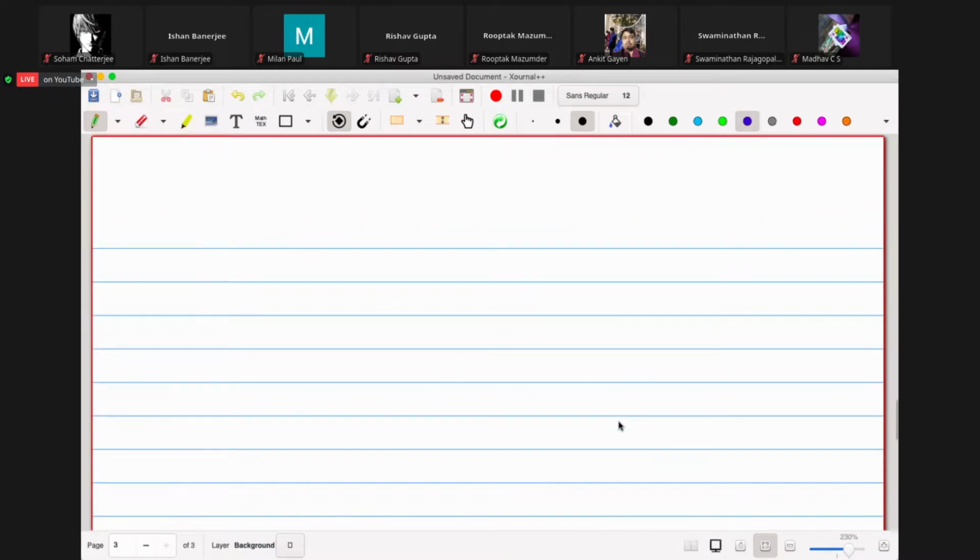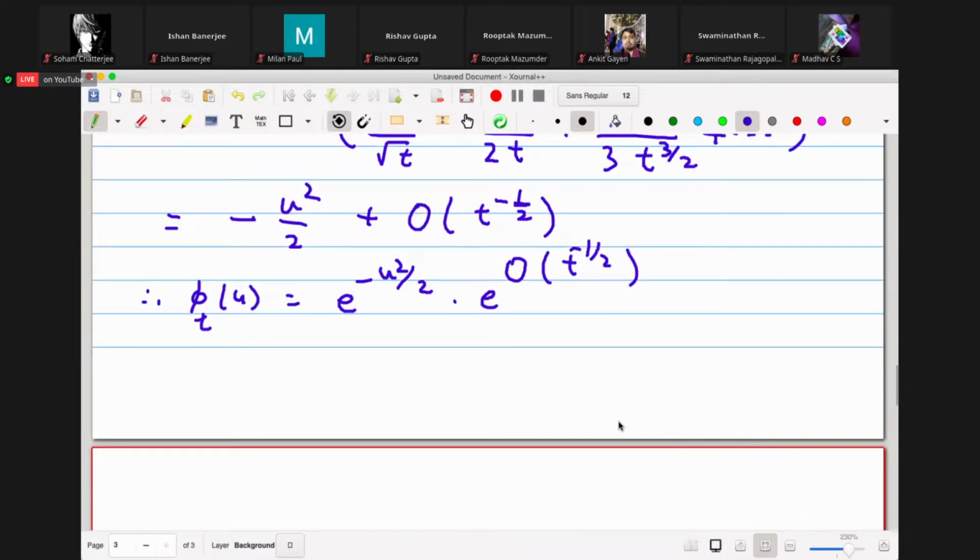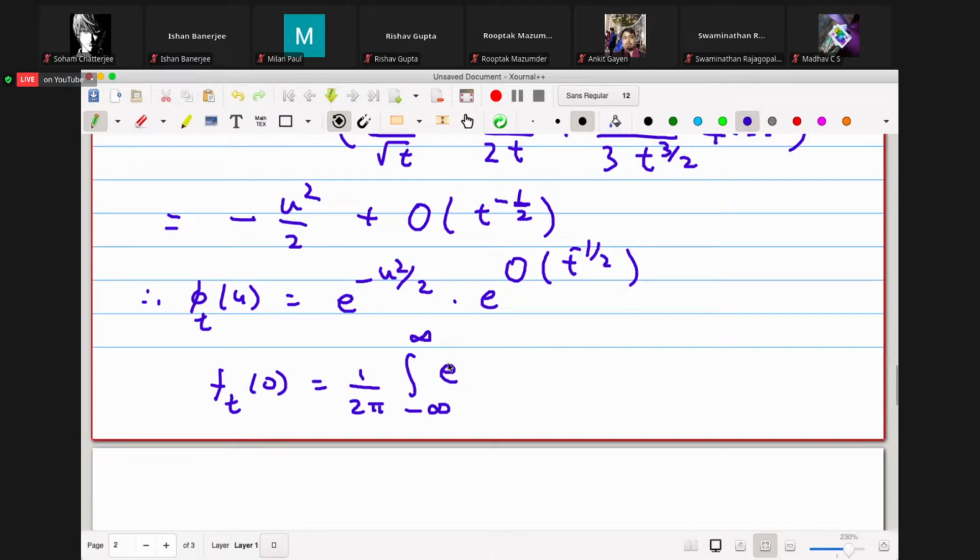So, let me write one more step here so it's easy for you to follow. f t of 0 is 1 by 2 pi, and then here you have the integral from minus infinity to infinity. When you write this, you get e power minus u square by 2, and then, let me just write it as O of t power minus half, here dt, du.